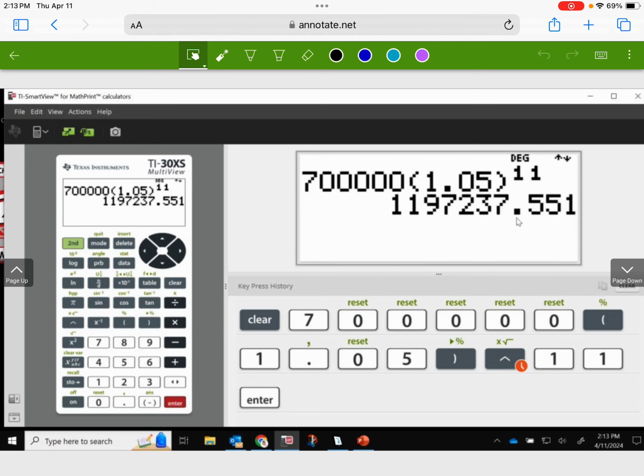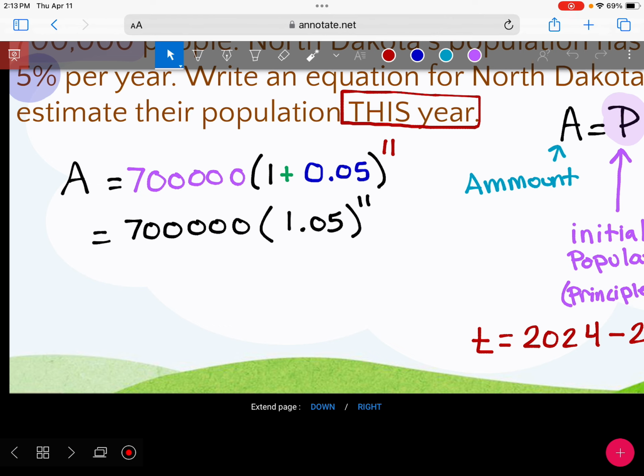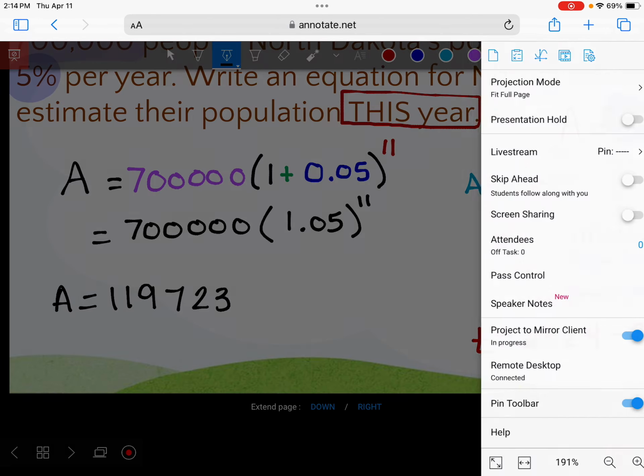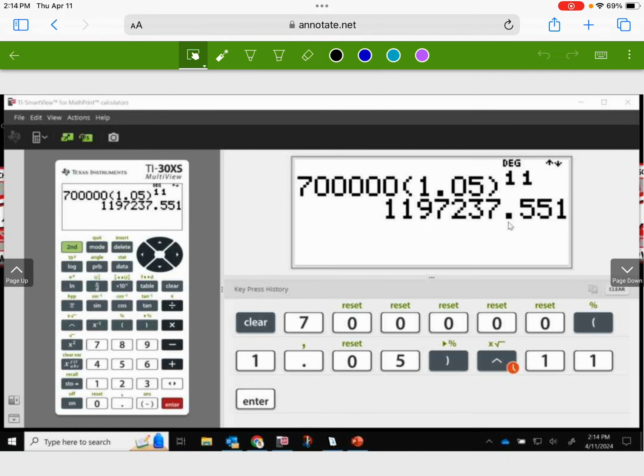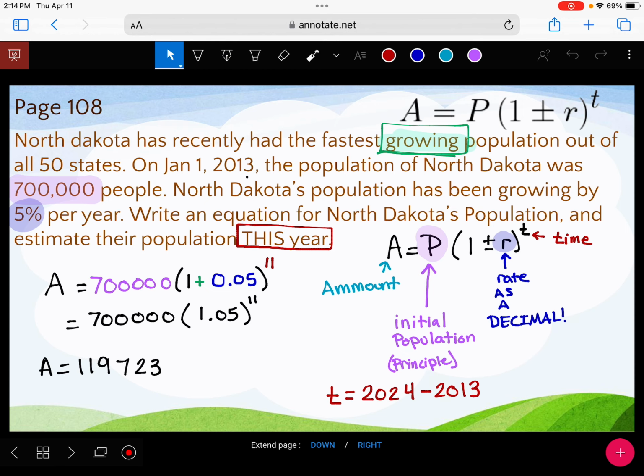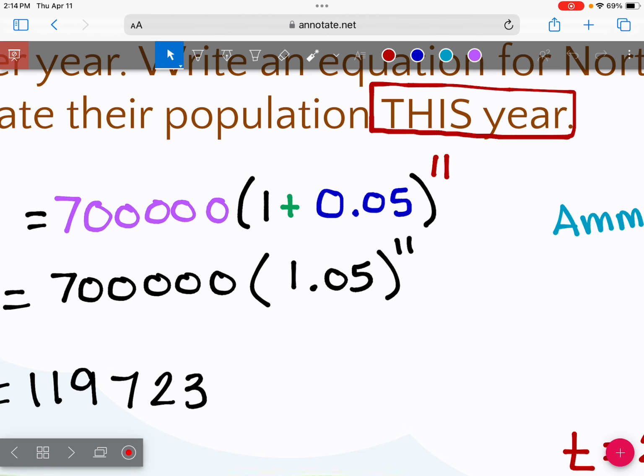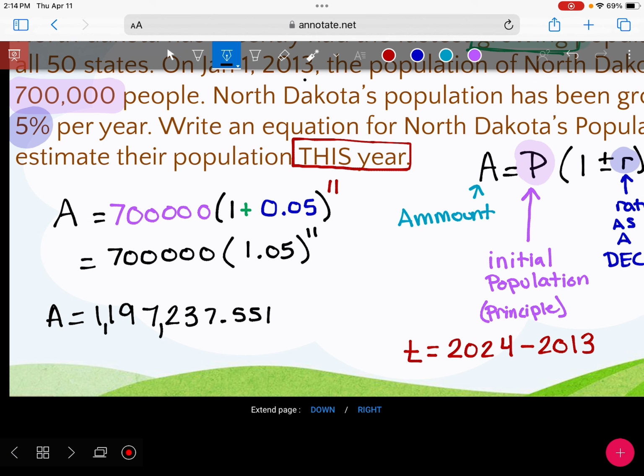So here is our calculator's answer. The amount we've calculated was 119,723.7551, so we have 1.197 million.